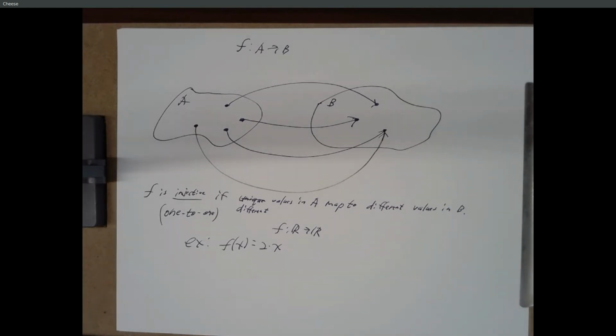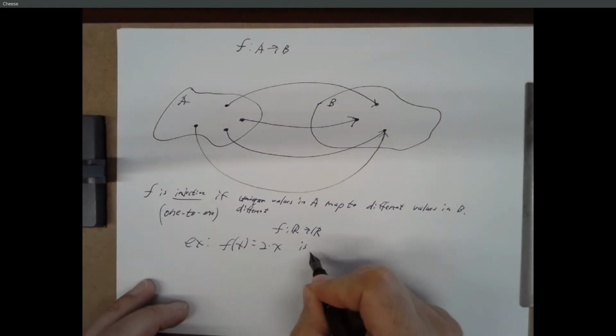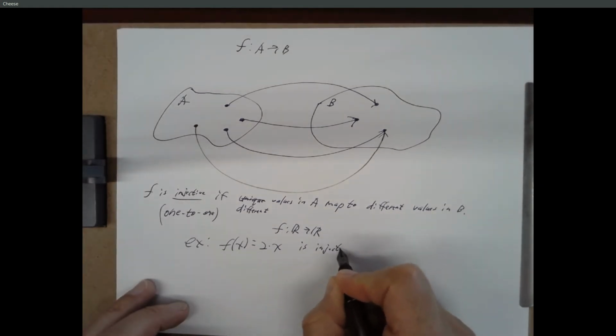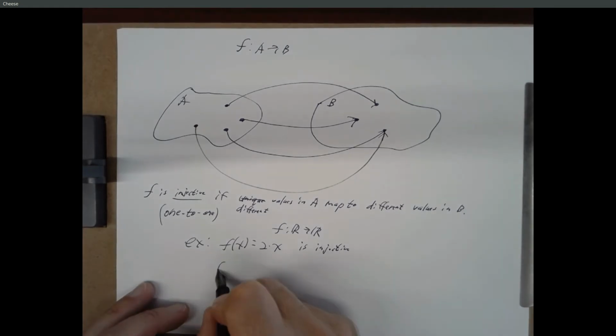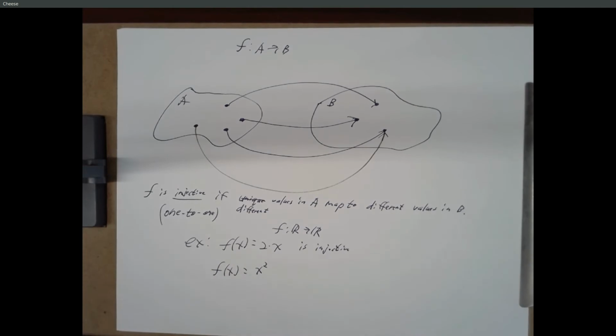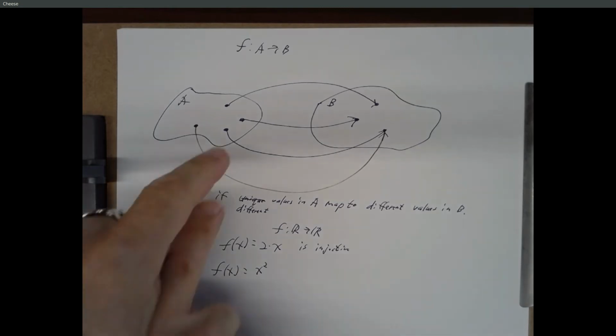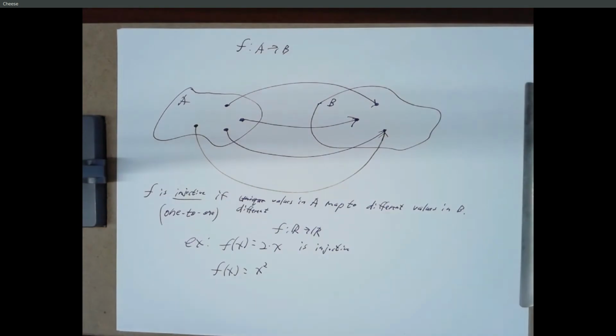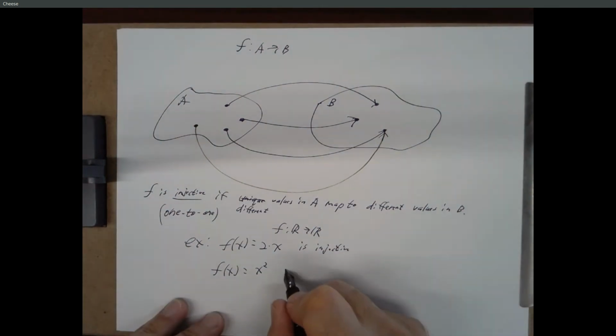Those are different from each other. So f of x equals 2x is injective. The classic example, f of x equals x squared, that's not injective. Because 2 and negative 2, those are different numbers, they both take you to 4. Right, so you have at least two arrows colliding over here in the codomain. So x squared is not injective.